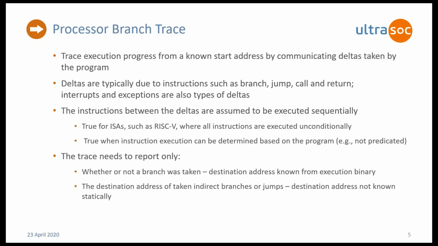In other cases, such as indirect branches or jumps, we don't necessarily know the destination address statically, so the report in the trace needs to take that into account and communicate that address.